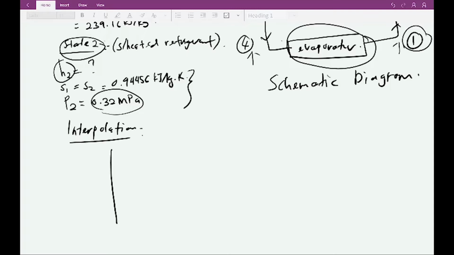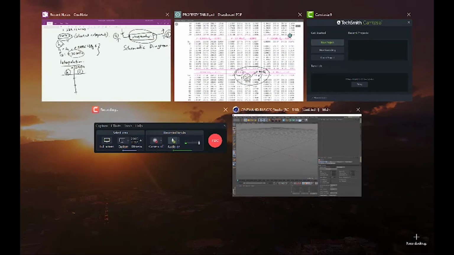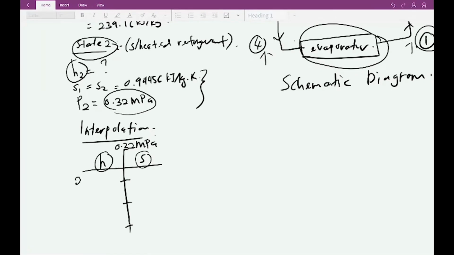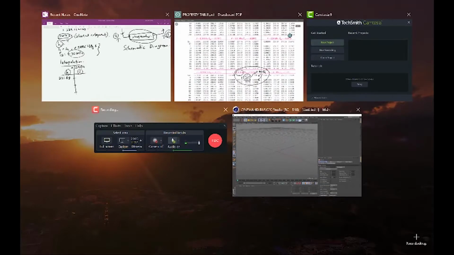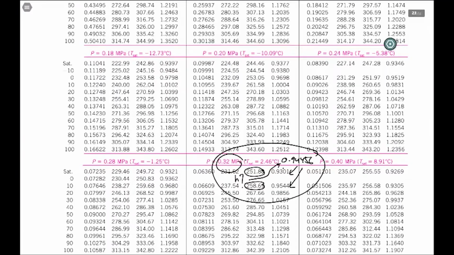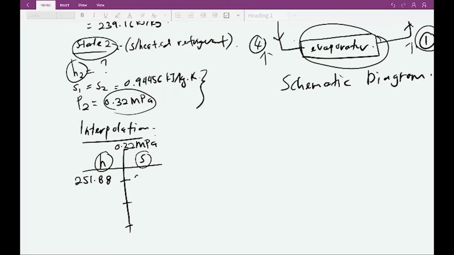Right here, you can build a simple table between entropy and enthalpy. This is your enthalpy, this is your entropy for 0.32 MPa. So I'm just copying the numbers from your property tables, 251.88. Okay, and then the equivalent value is 0.9301.